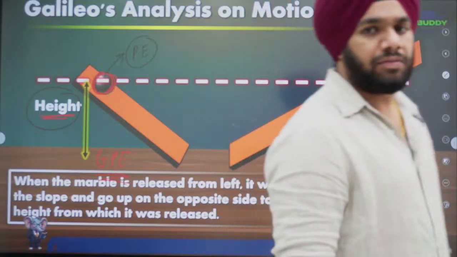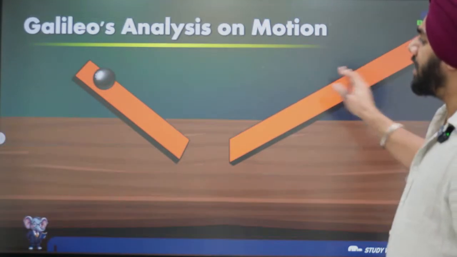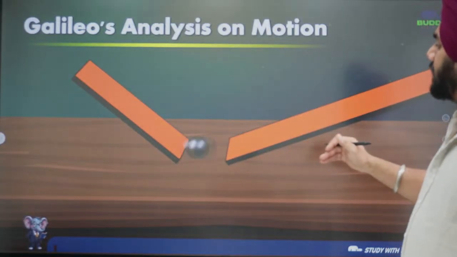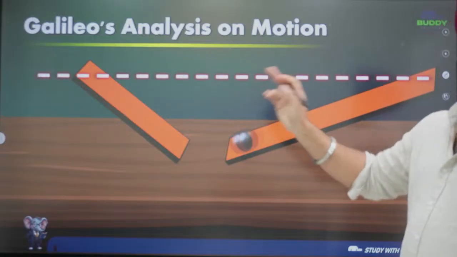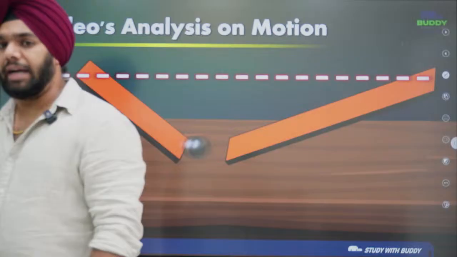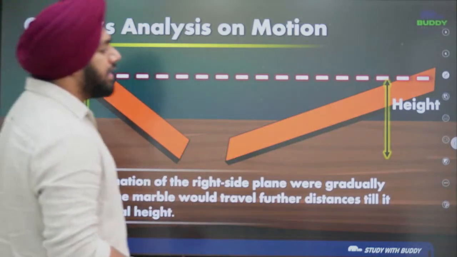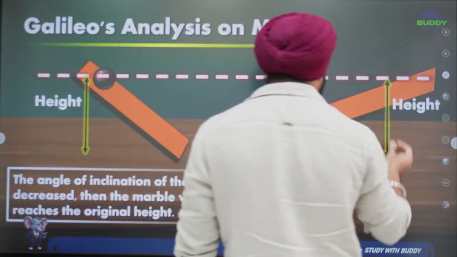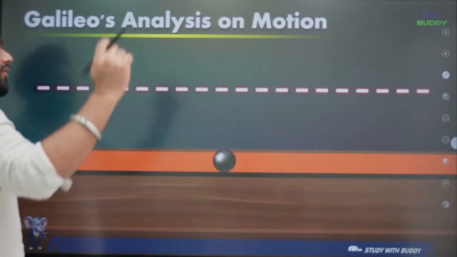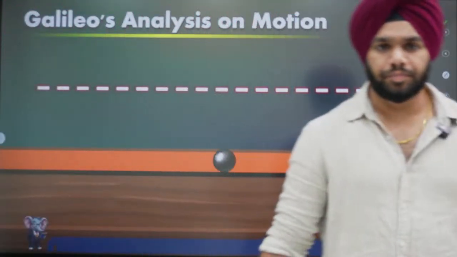Even after changing the angle of the plank, the height achieved by the ball is the same. This is what he told in his experiment. And eventually, if I gradually decrease the angle more, this ball will move to infinity, which is obviously not real, right?